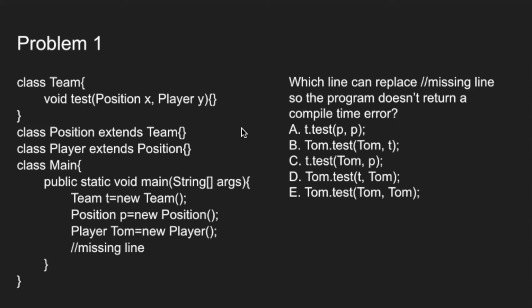Alright, so we have a class called team with the method test. And because of the way that these three classes inherit each other, all three of these classes have the method test. So therefore, you can say any of these three objects and then .test. So that doesn't eliminate any answer choices yet. But then moving on to the parameters.